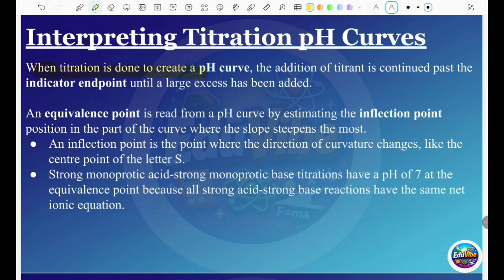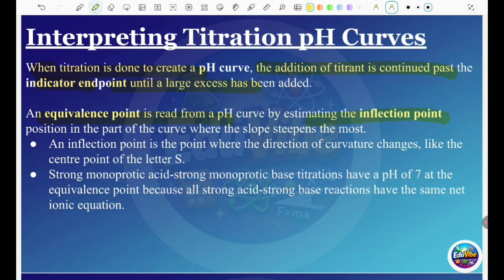When the titration is done, it creates a pH curve. The addition of the titrant continues to pass the indicator endpoint until the large set has ended. The equivalence point is read from the pH curve by estimating the inflection point.